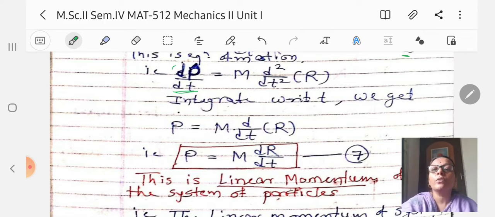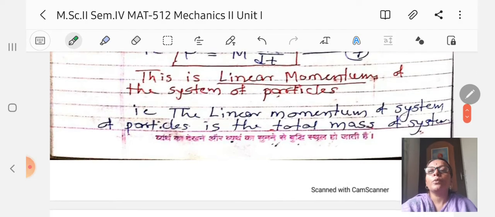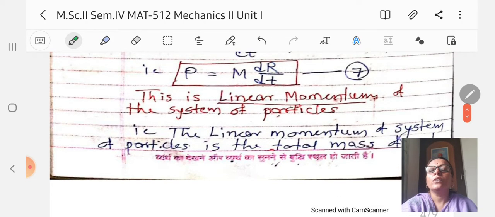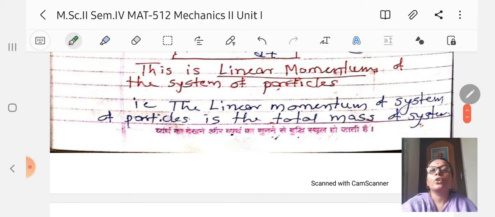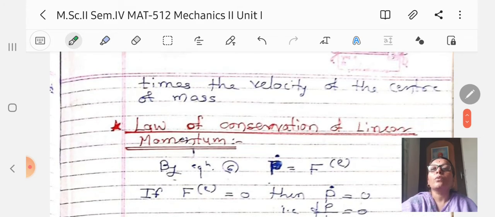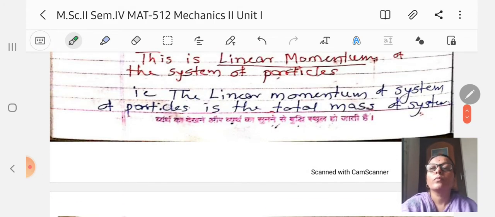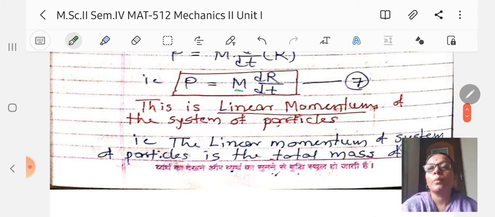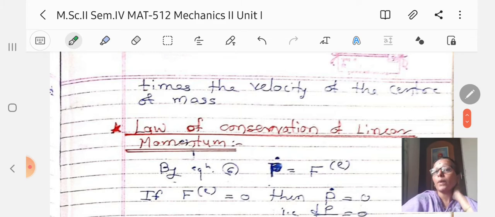Suppose this is equation 7, where P is the linear momentum of the system of particles. We can write in words that the linear momentum of a system of particles is the total mass of the system times the velocity of the center of mass.